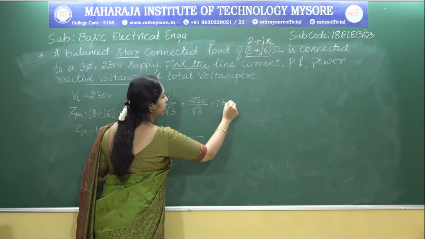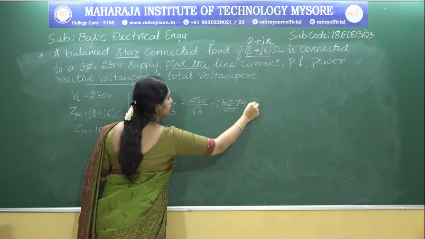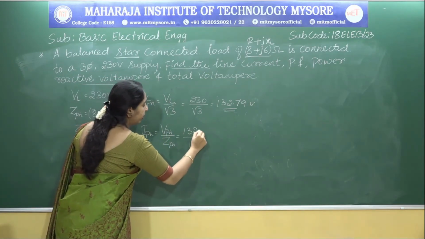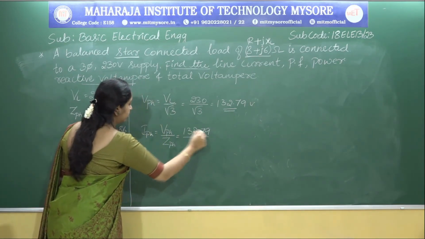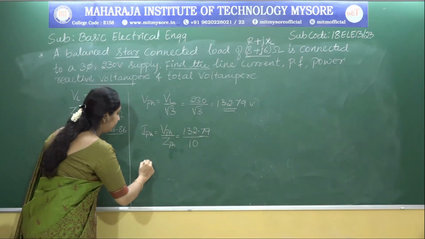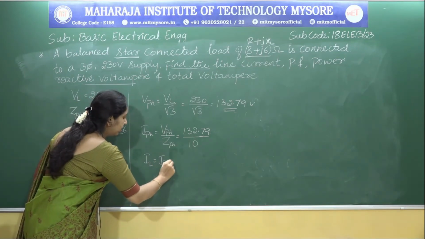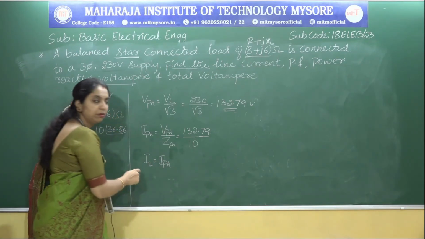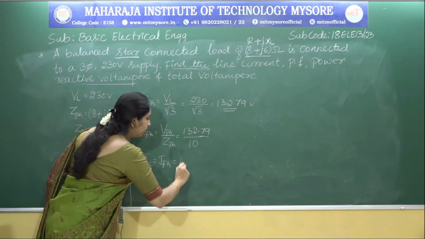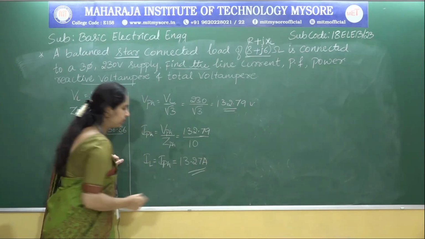VPH is equal to 132.79 volts. Substituting it here, we get the value of IPH, and once we get IPH, we can equate IL as IPH, because in the star connection IL is equal to IPH. IPH is equal to 13.27 amperes.